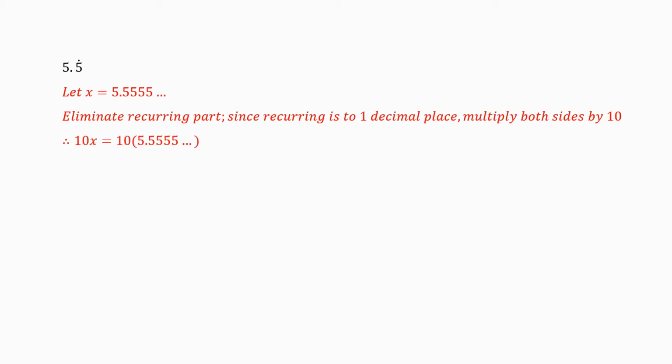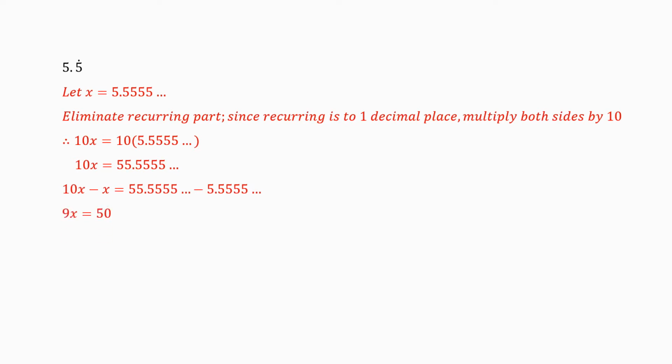So that means 10x is equal to 10 into 5.555. So we have 10x is equal to 55.555. Then we subtract the x from the 10x to eliminate the recurring part. That means 9x is equal to 50.